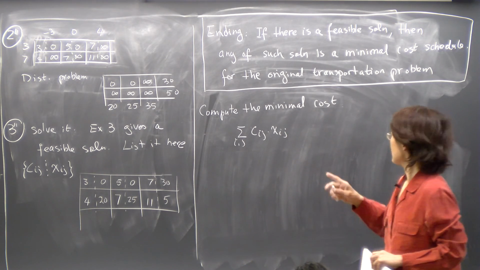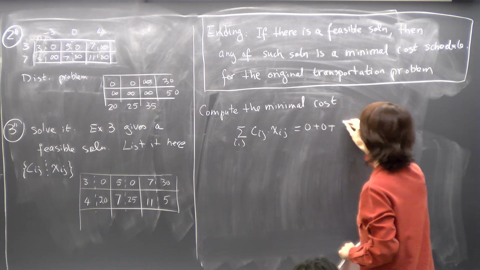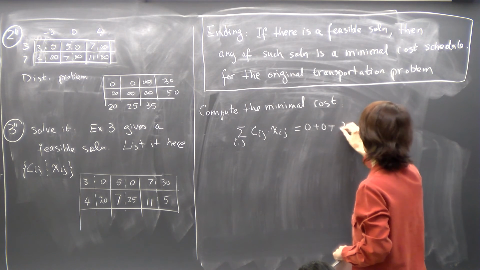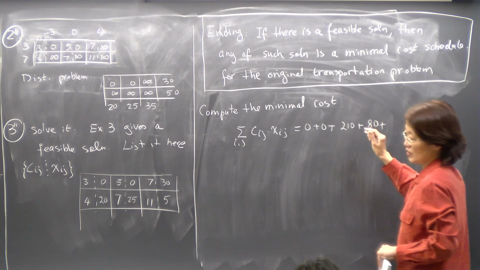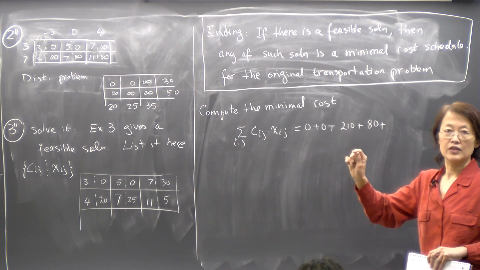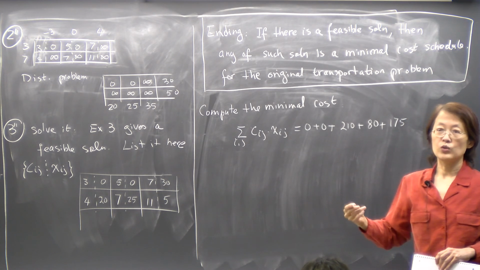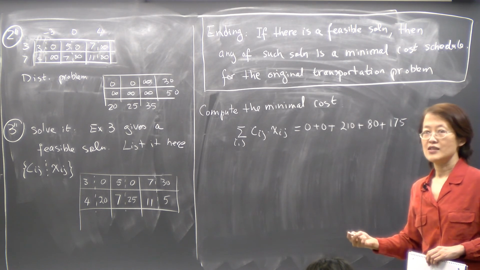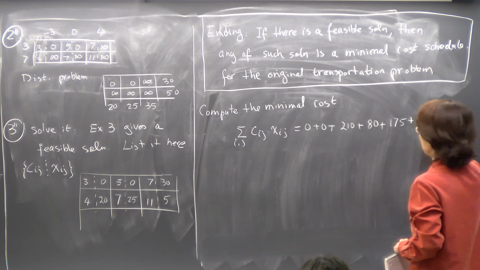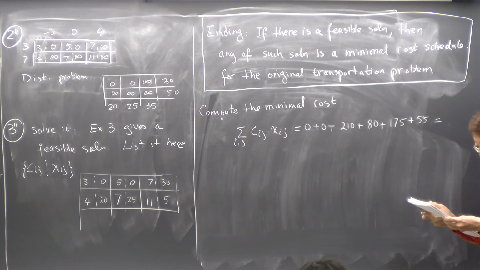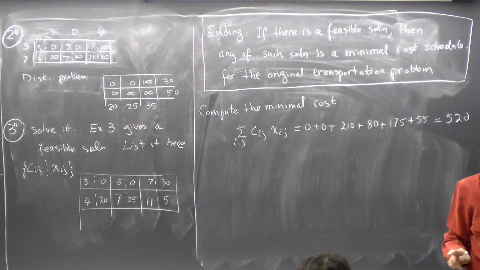So you will have 0 plus 0 plus 7 times 30, that's 210, plus 80, plus, what's 7 times 25? That's 7 quarters, a quarter less than $2, right? 11 times 5, 55. Okay, add this up. I did it in advance, so 520. And then you finish it.